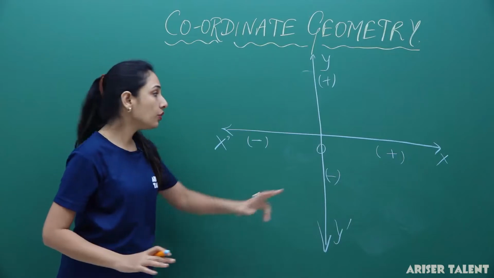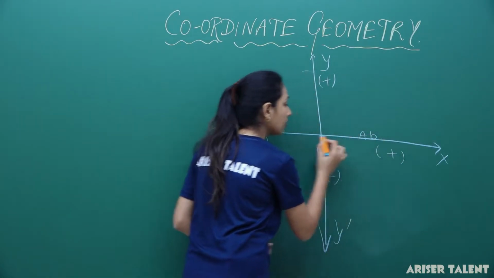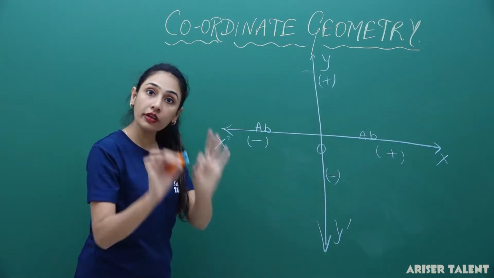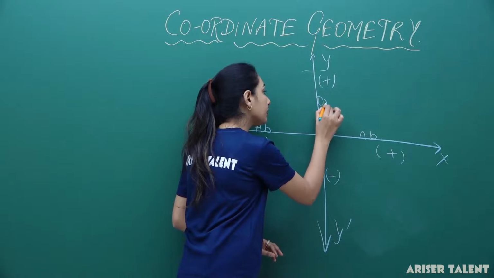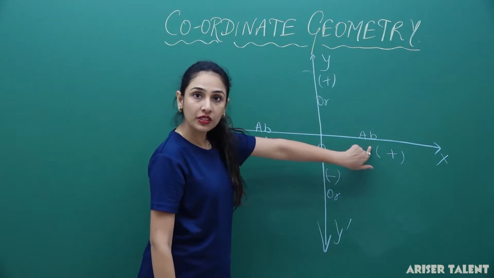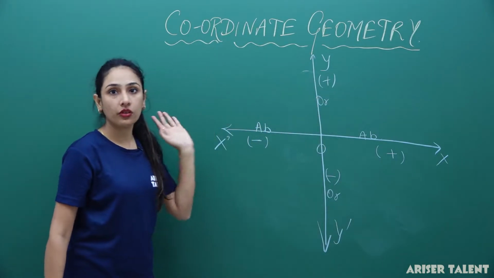Now, I've told you that that will be giving you the abscissa, and that will be giving you the ordinate. That means positive abscissa, negative abscissa, positive ordinate, negative ordinate.